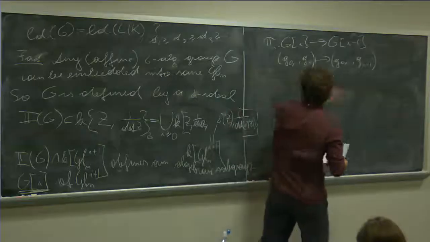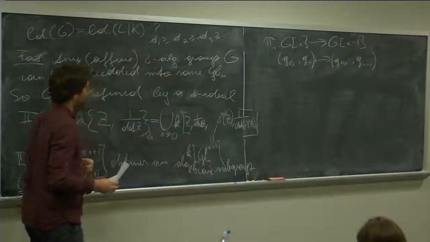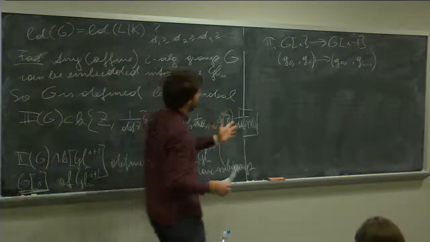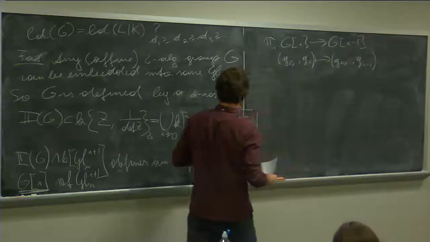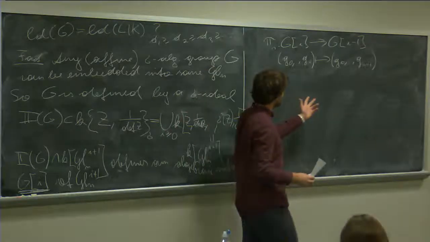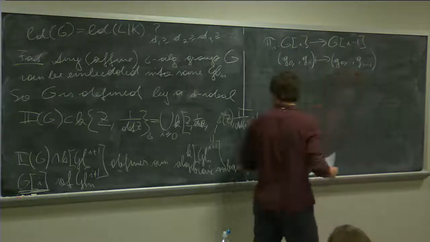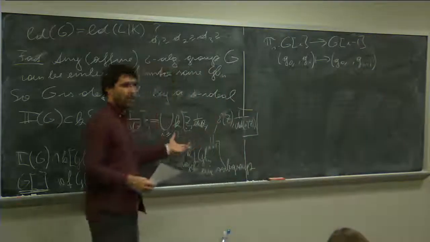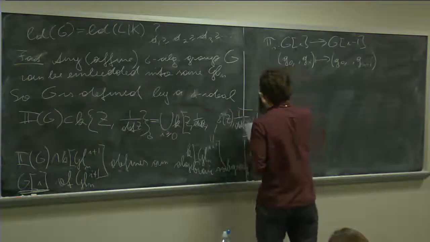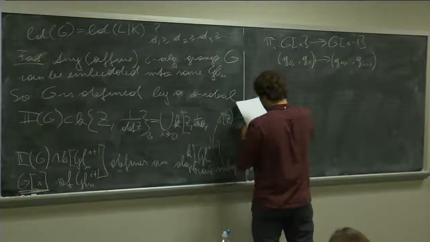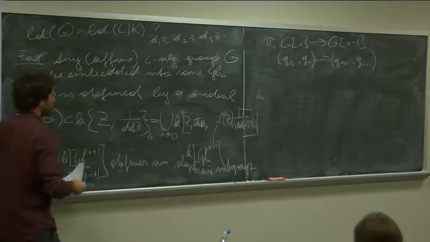This should be clear, that this is a well-defined map. If these matrices satisfy all relations up to order i, then the first entries will satisfy all relations up to order i minus 1. Okay, that's obvious. And we also have a map which is sort of encoding the difference structure.